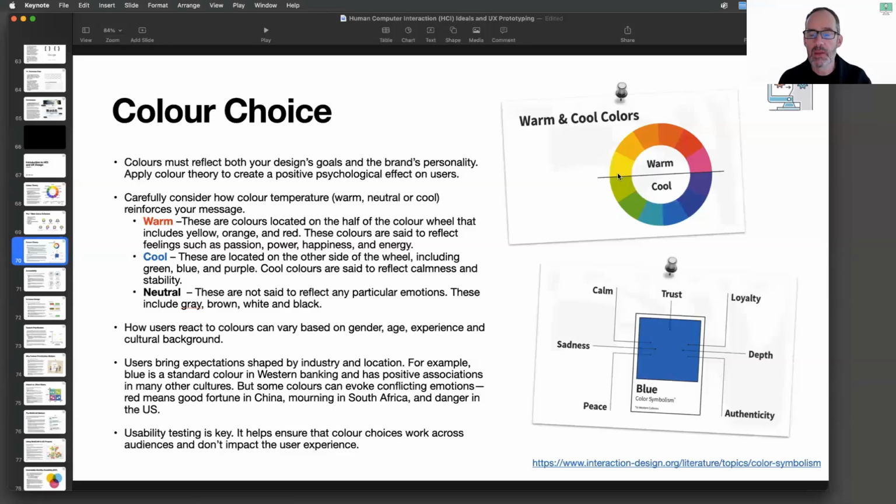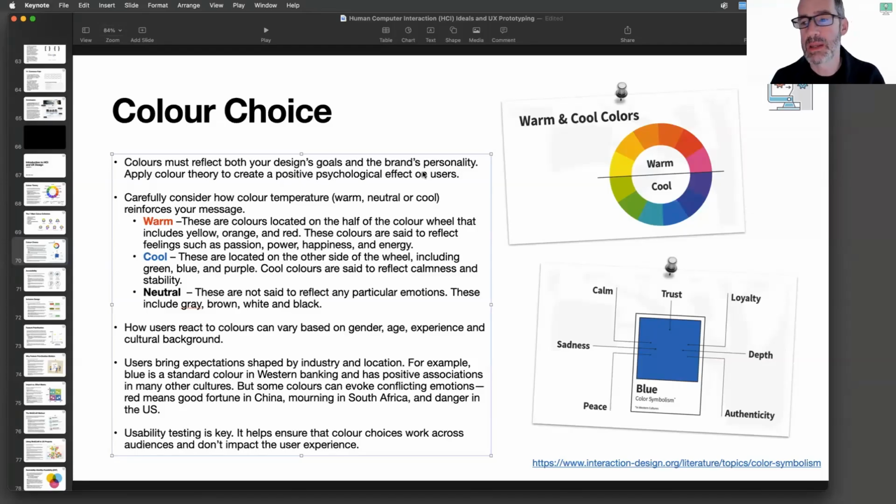Generally, the top part of the wheel is seen as warm, with the bottom part seen as slightly cooler. So the colors must reflect both the design's goals and the brand's personality.